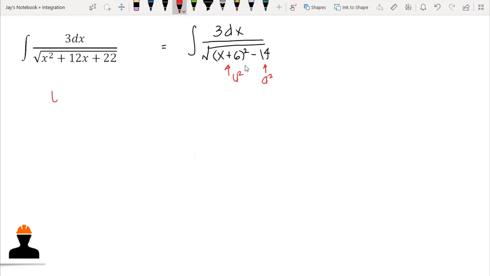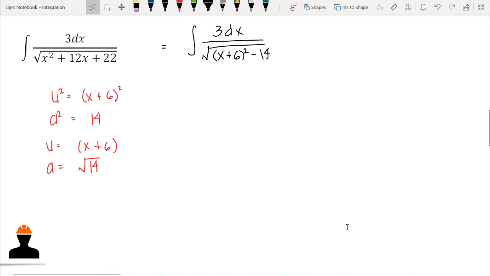So therefore, our u squared is equal to x plus 6 squared. Our a squared is equal to 14, correct? So therefore, our u is equal to x plus 6 and our a is equal to the square root of 14, since 14 does not have an exact root.